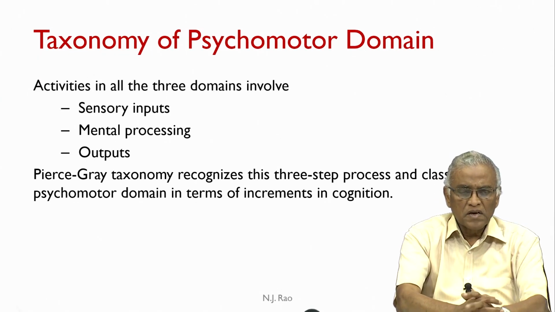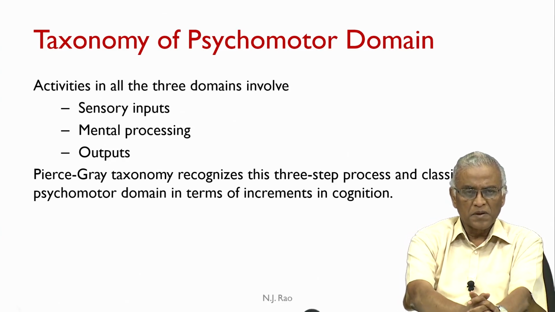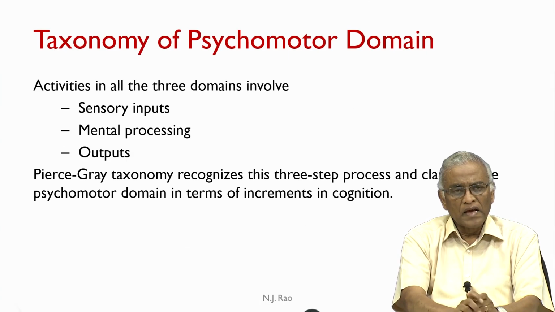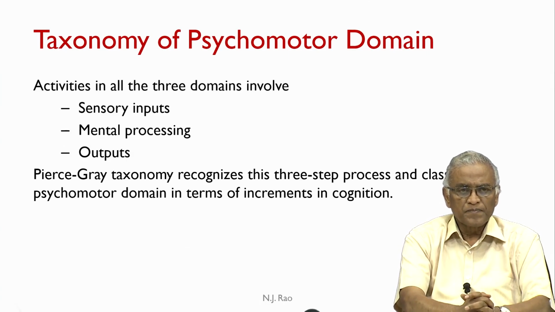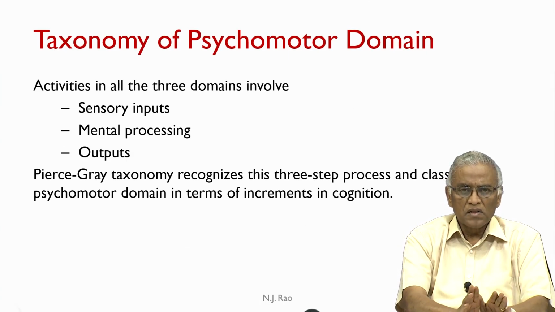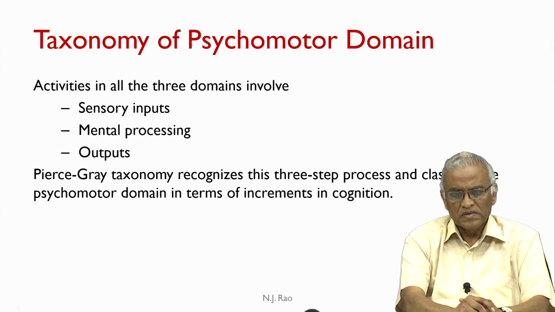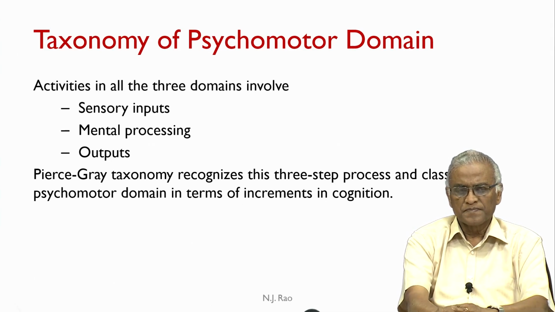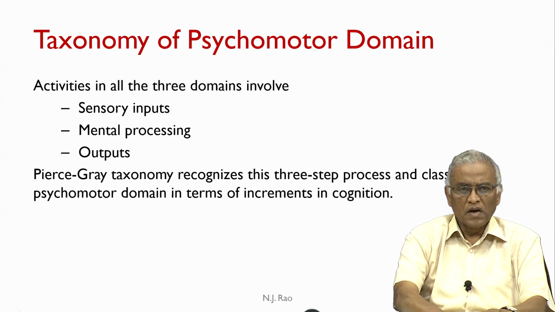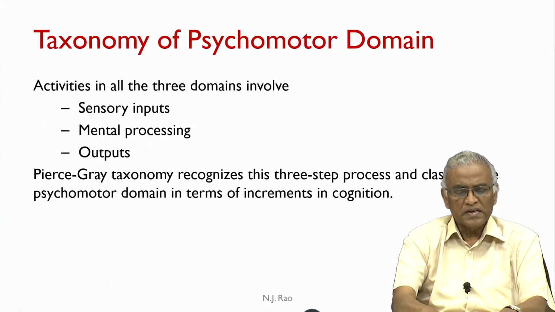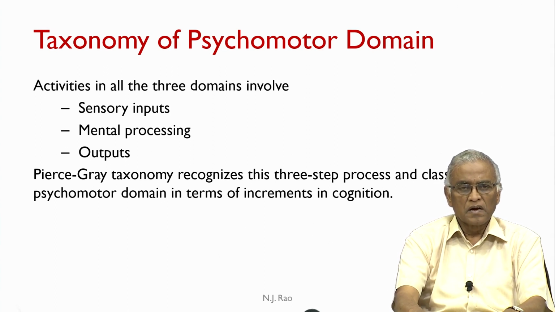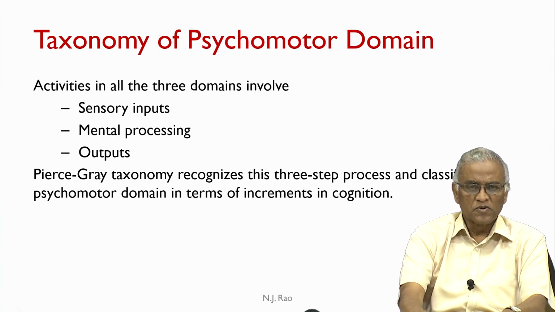And once again we come back to the Pearce-Gray taxonomy. As mentioned in the previous unit, activities in all 3 domains involve sensory inputs, mental processing and outputs. And these 3 distinct activities provide the basis for creating the taxonomy of the psychomotor domain.